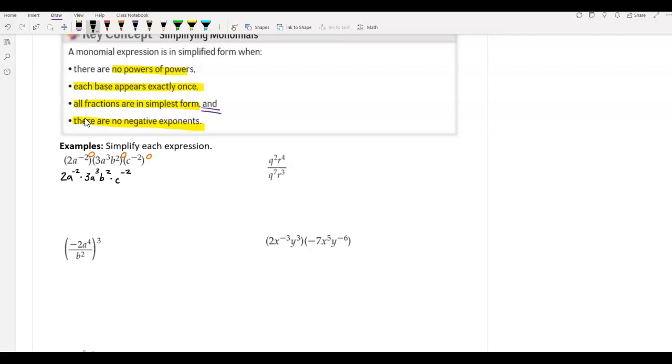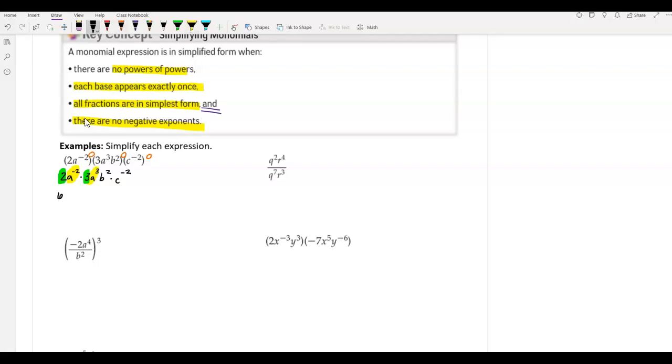The first thing I want to do is simplify everything I can. I want to put a's with a's, b's with b's, c's with c's, and coefficients with coefficients. So here we have a coefficient of 2 and 3. So what is 2 times 3? We have 6. All right, now let's do a's with a's. I have a to the negative 2 times a cubed.